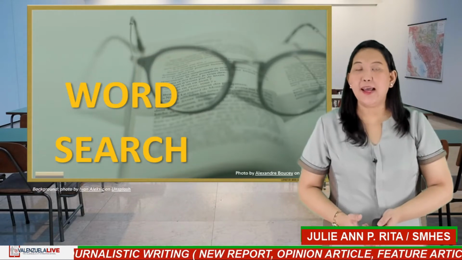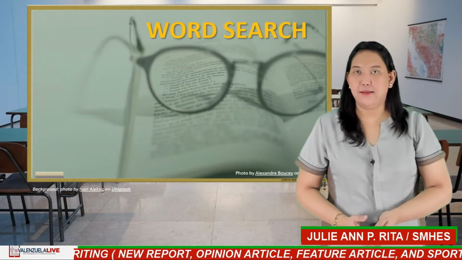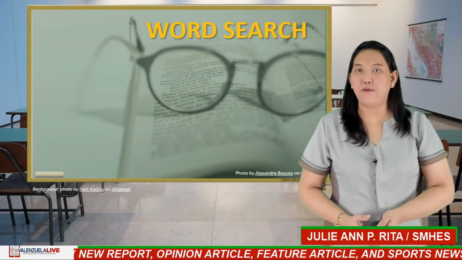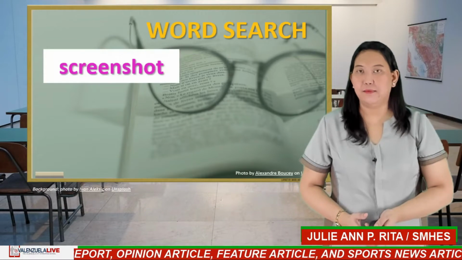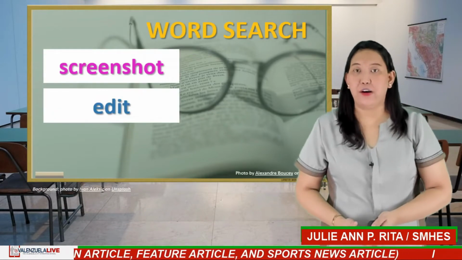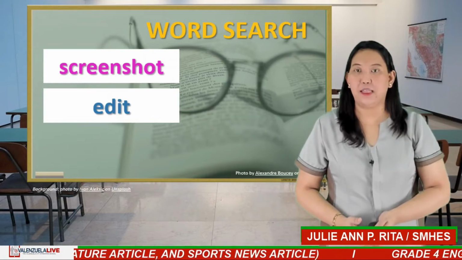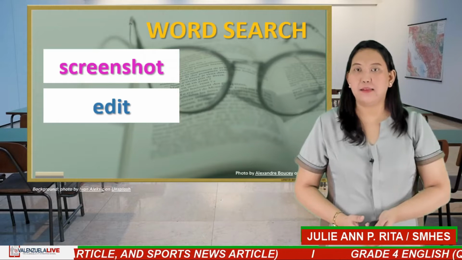To begin, let's have a word search activity. Take a screenshot of the word search puzzle. Edit the puzzle, and after a few minutes, send the picture of your edited screenshot of the activity in the comment box.